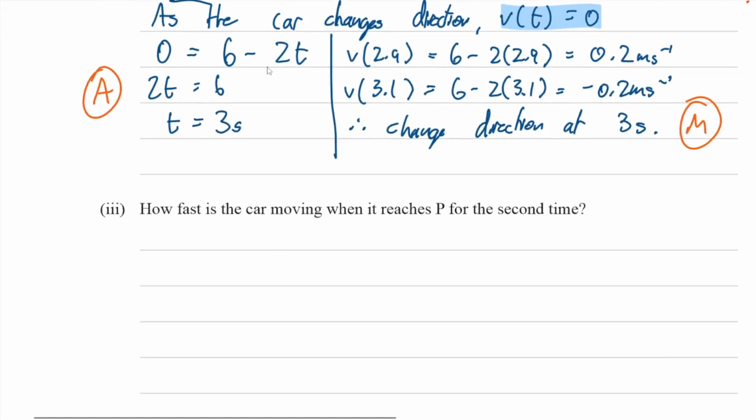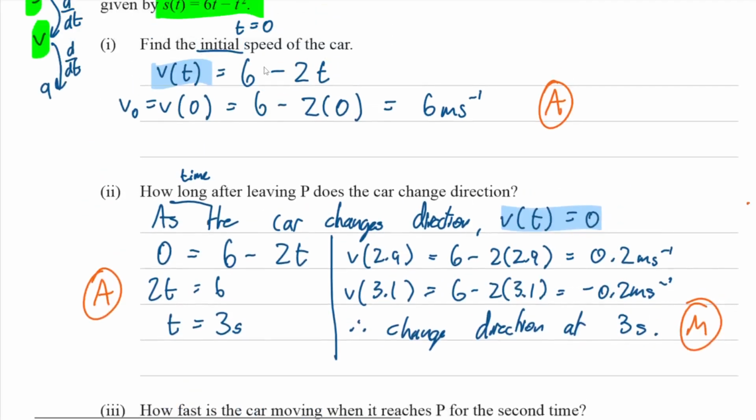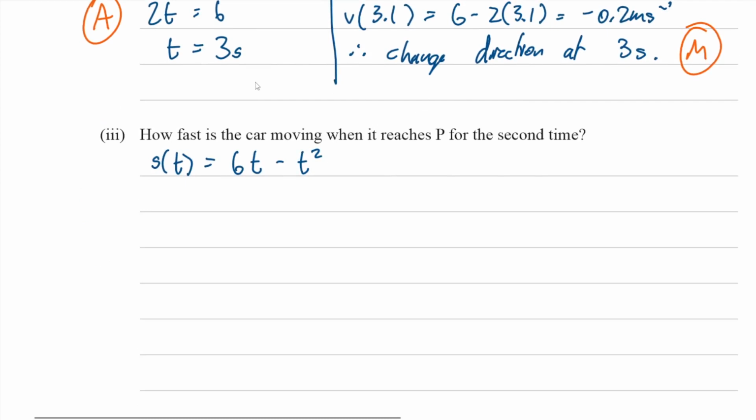So using our distance equation, S of t equals 6t minus t squared, we are interested to find when it is back to the start, right? When distance is 0. And so substituting in 0 for distance, we get a quadratic equation, which we could factorize.